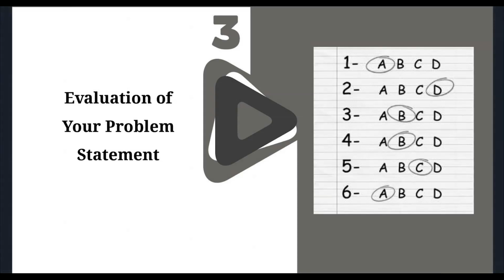So you can go to the page of your university and go to automations, and you will find there a specific automation to evaluate your problem statement. But right now, I'm going to present the criteria to evaluate your problem statement so you can have a good idea of what I'm talking about before you go to the automation.